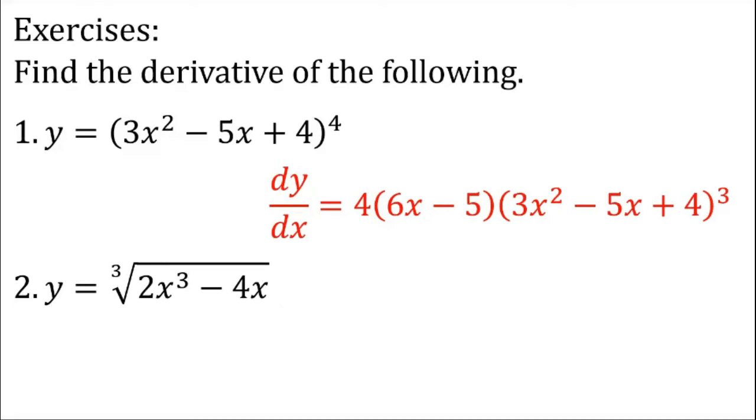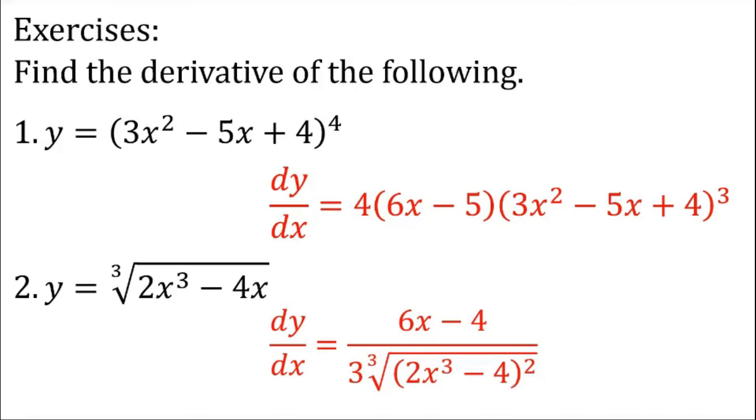Jasmine: 1 over 3 times 6x squared minus 4 times 2x cubed minus 4x raised to negative 2/3. Okay. Your answer will look like this. dy over dx equals 6x squared minus 4 all over 3 times cube root of 2x cubed minus 4x squared.